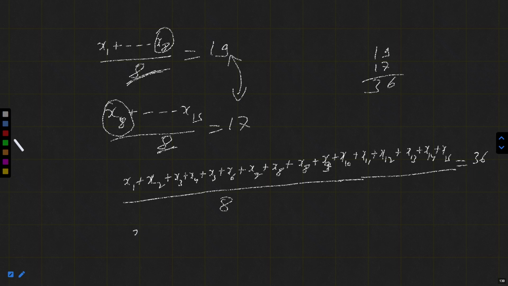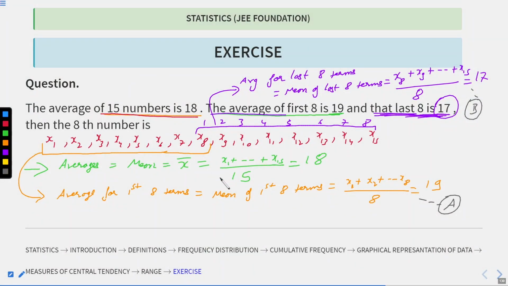Now just take these terms, x1, x2, x3, x4, x5, x6, x7, x8, x9, x10, x11, x12, x13, x14, x15, together. Why? Because we know that x1, x2 till x15 will give me 15 times 18.